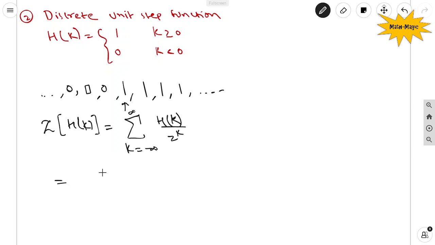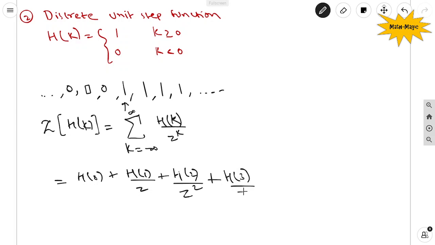As we know, for all negative integers, h of k is 0. So let's write the non-negative ones: h of 0 plus h of 1 upon z plus h of 2 upon z square plus h of 3 upon z cube plus and so on.